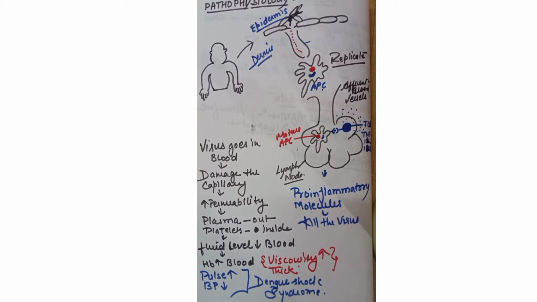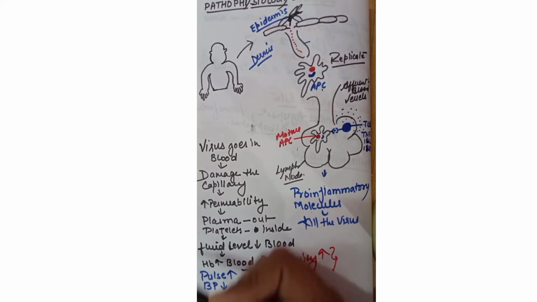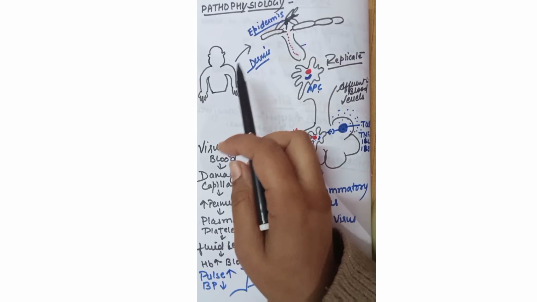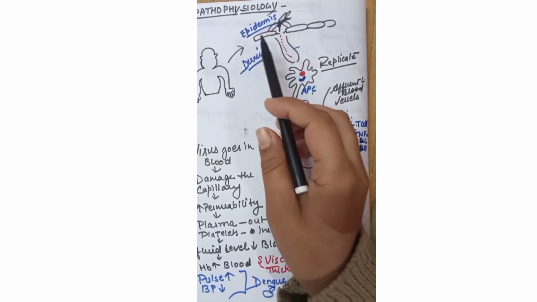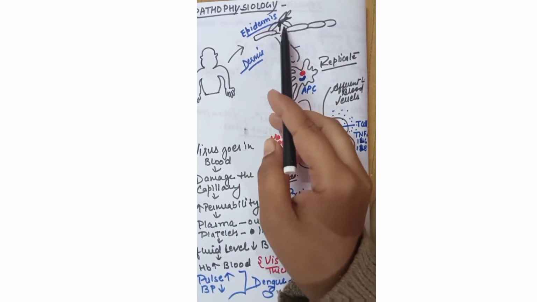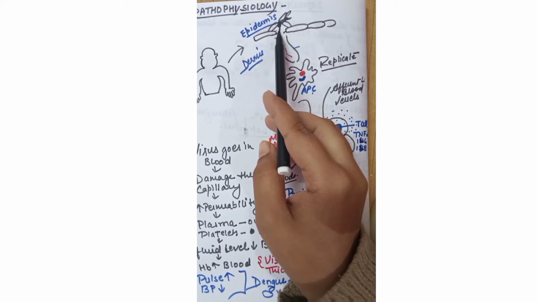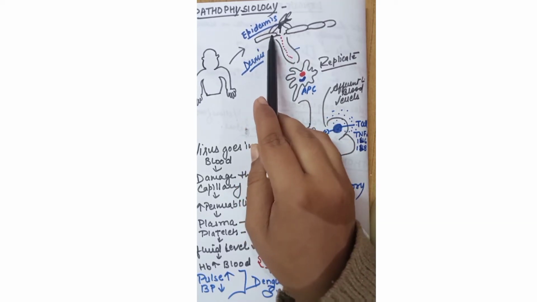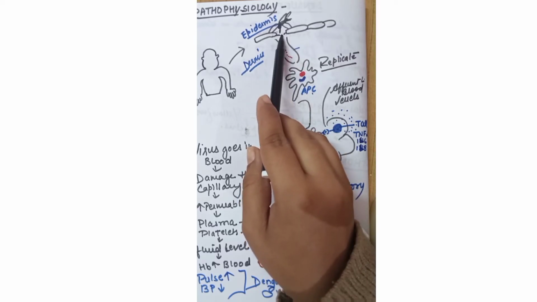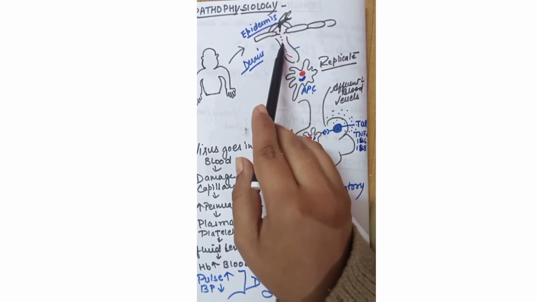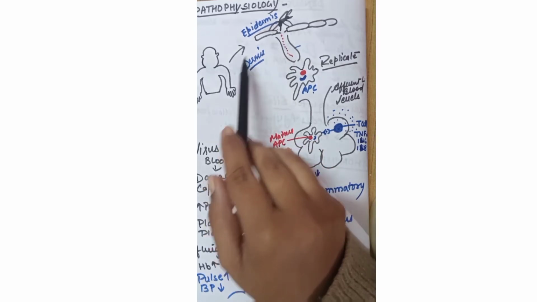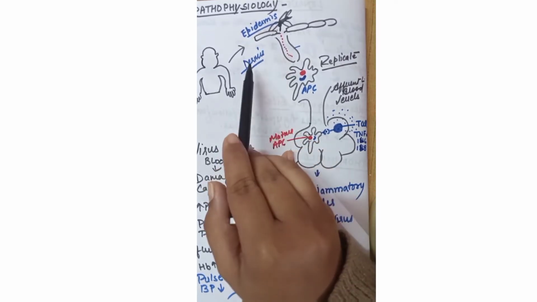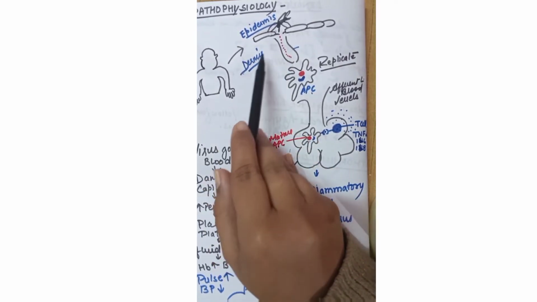Here you can see I have drawn a person who has been affected with this virus. Suppose this is the mosquito and this is the proboscis of the mosquito being inserted in the epidermis. This is the epidermis.